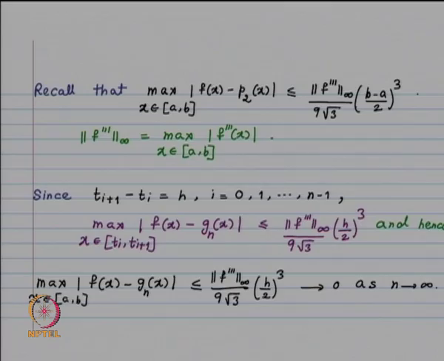We look at again the same function f x is equal to root x. For this root x, for piecewise linear continuous approximation, we saw that in order to have the error to be less than 10 raised to minus 6, we have to choose n to be about 200.